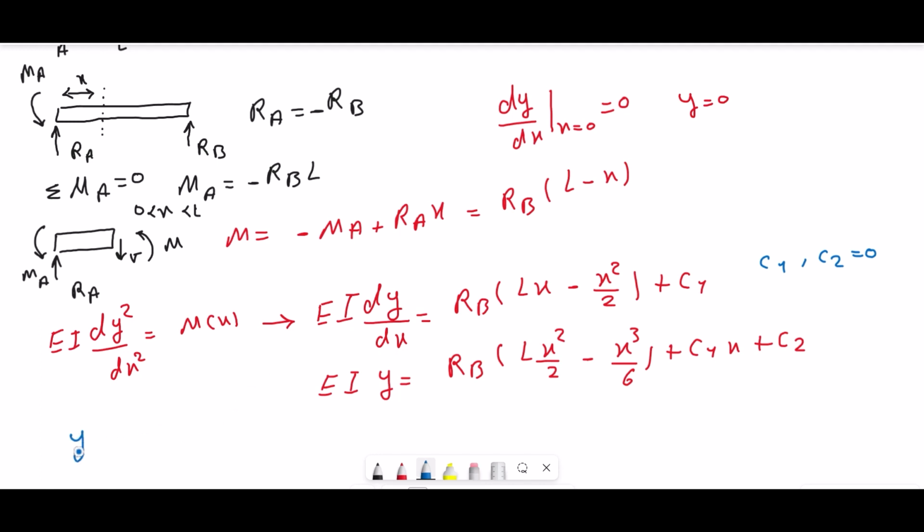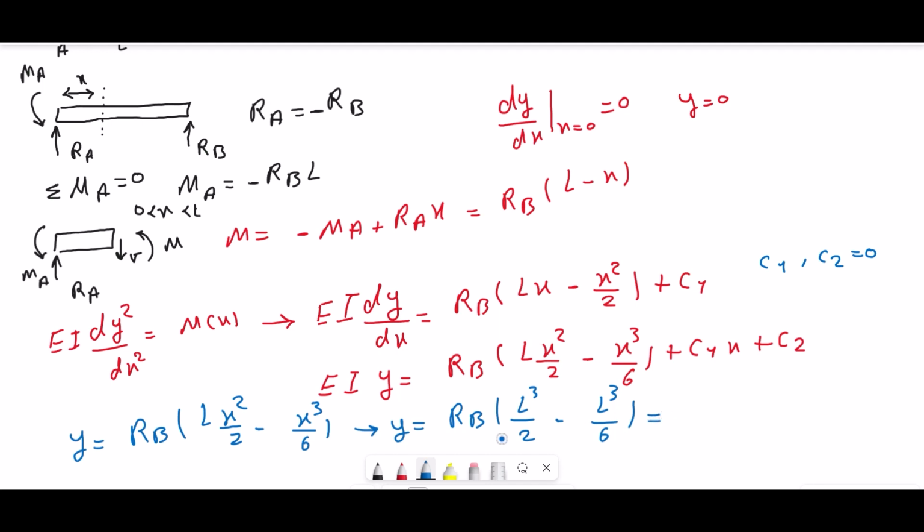So our deflection equation will be like this: R of B times (Lx to power 2 divided by 2 minus x to power 3 divided by 6). And since we are interested in the deflection at section B, we put L instead of x in here, and we see that y will be equal to R of B times (L to power 3 divided by 2 minus L to power 3 divided by 6).